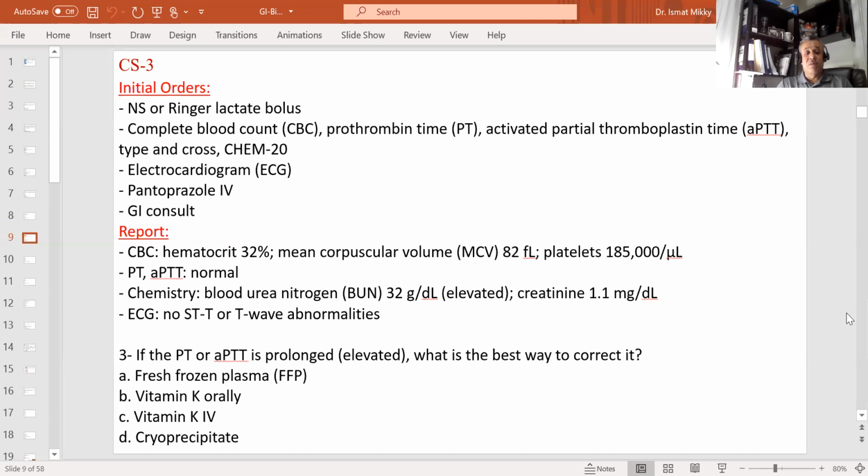The fastest way to correct the coagulopathy is with fresh frozen plasma. Anytime a patient has a problem with coagulation or bleeding, that will be corrected with fresh frozen plasma. Vitamin K needs at least 12 to 24 hours to work in order to generate clotting factors.